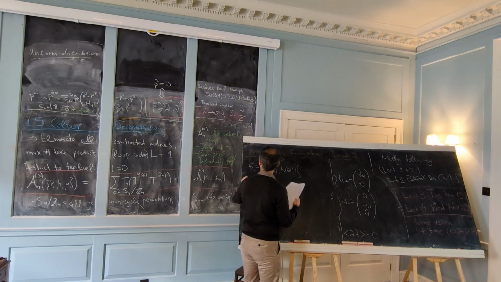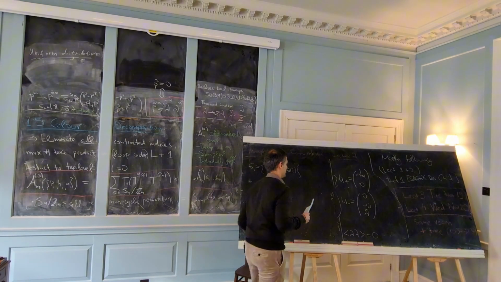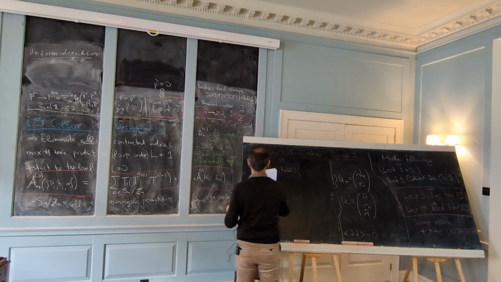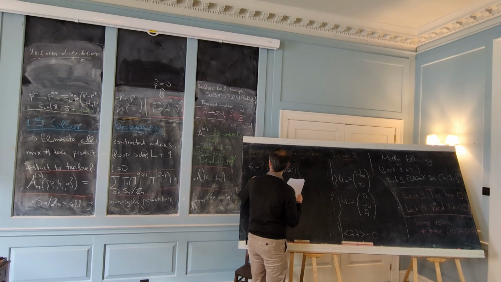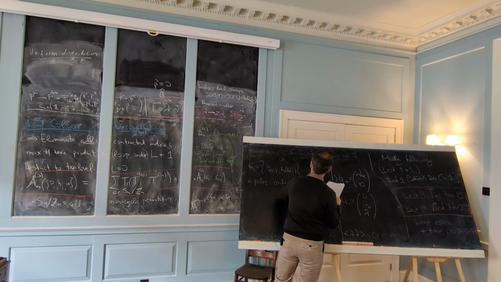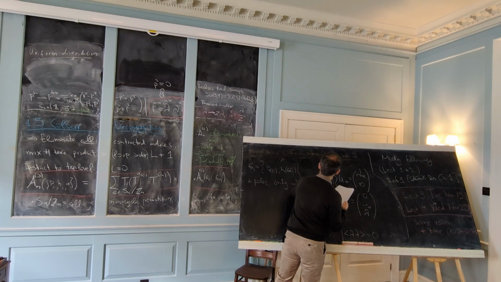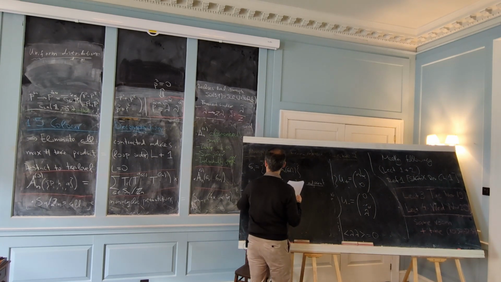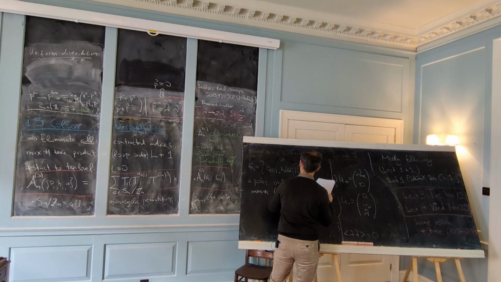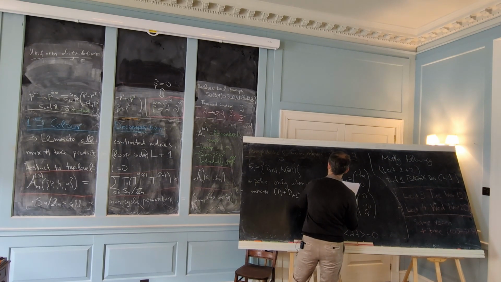It means that these color ordered amplitudes have poles only when adjacent momenta (p_i plus p_{i+1} plus ... plus p_{i+k}) squared go to 0.